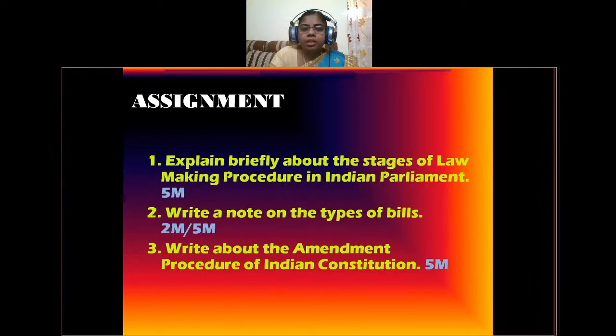Here in this question you have to explain all the types of bills. The general classification of the bills is public bills and private bills. Another classification is four types: ordinary bills, money bills, finance bills and constitutional amendment bills. These are the types of bills you have to explain.